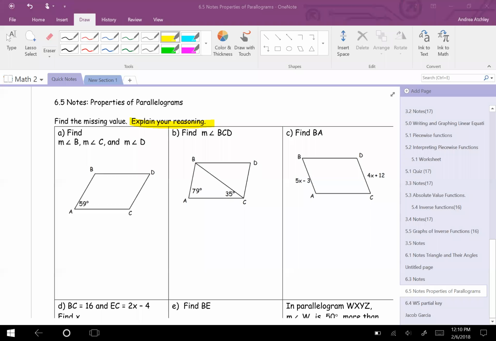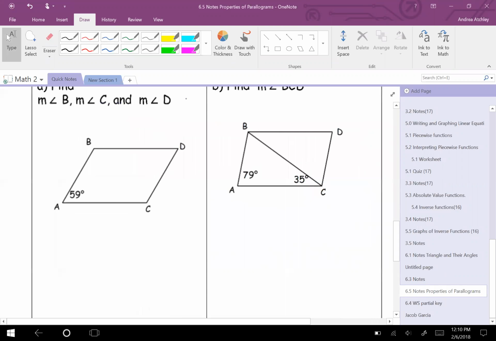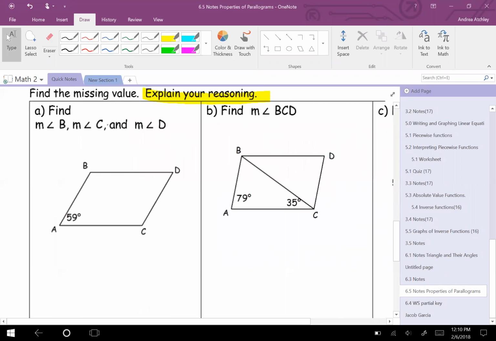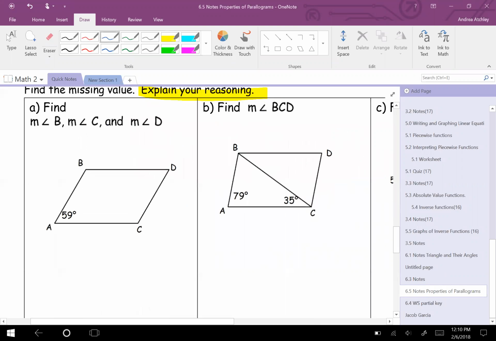Okay, we're back up here. Ramiz, give me one of the angles that you found. Okay, what angle was 121? B, C, or D? Angle C was 121. And why? How did you get 121?